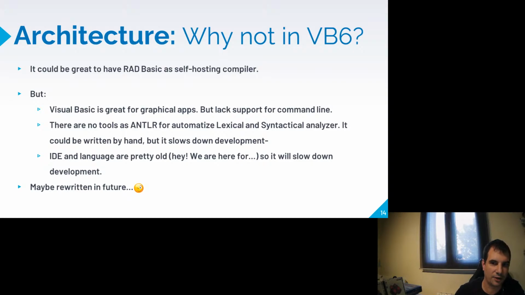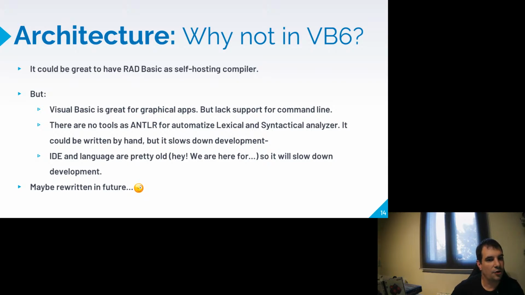Okay, but why not write it in Visual Basic 6? It could be great to have RAD Basic as a self-hosting compiler. A self-hosting compiler is a compiler written in the same language, as a lot of C compilers that are written in C, or the Go compiler is written in Go. The first versions of C# I think not, but later versions of .NET Core yes.